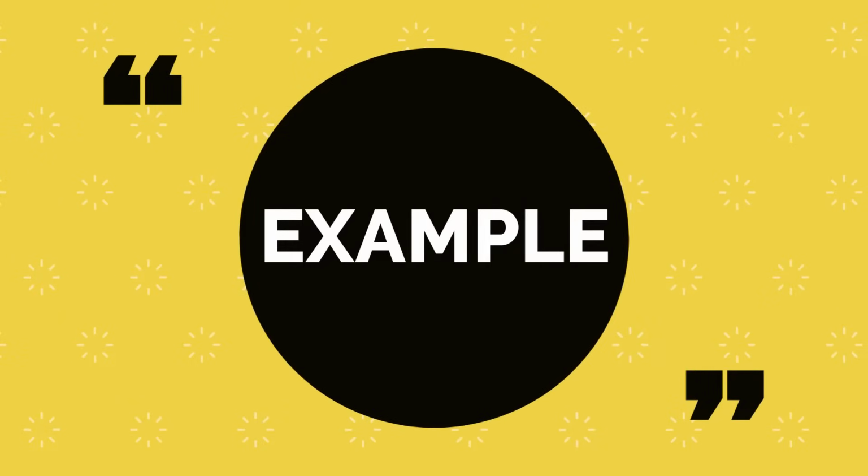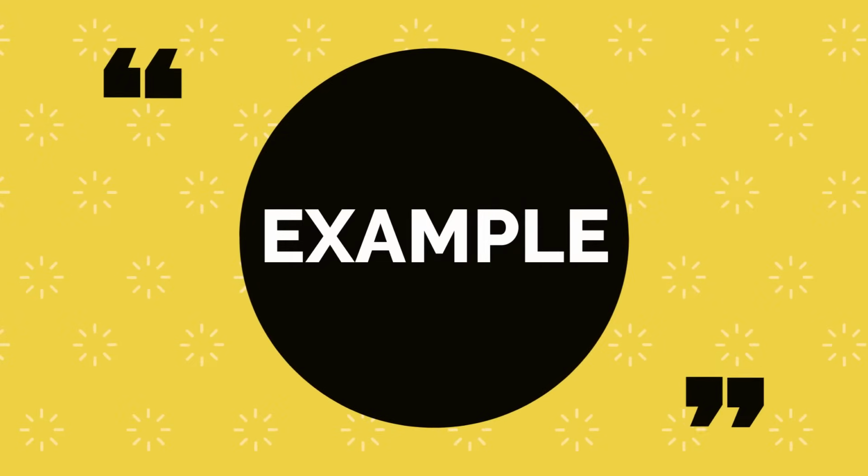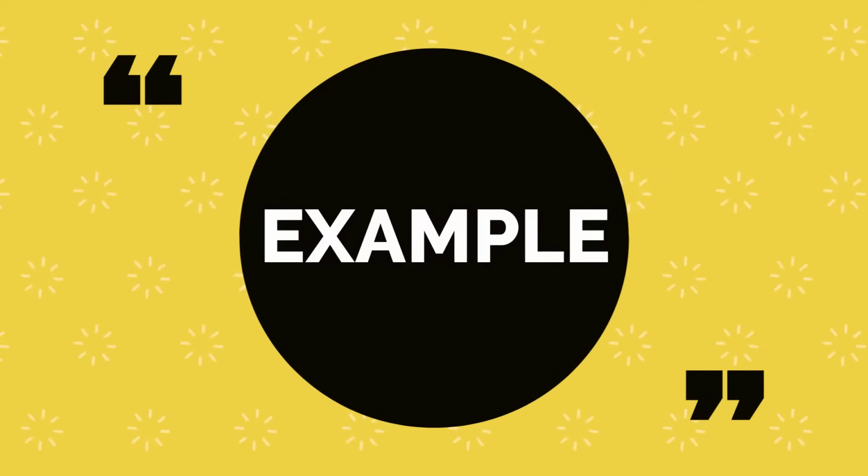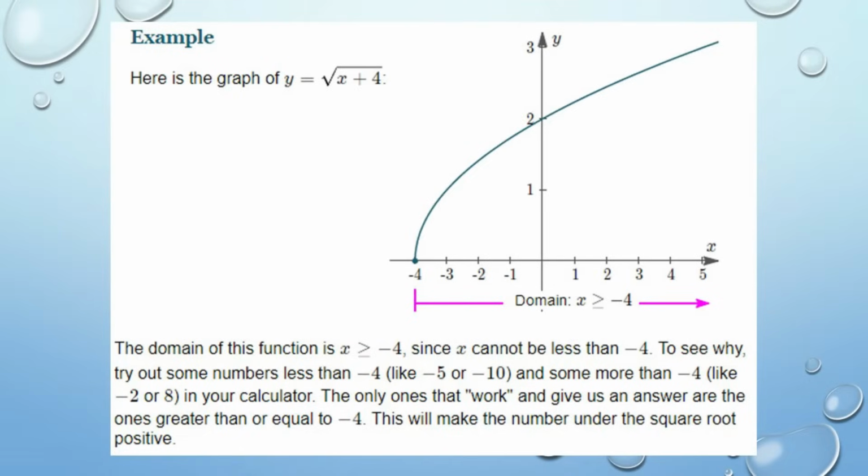Let's see another example. This time the graph is y equals the positive square root of x plus 4. You can see the shape of the graph. I think you can understand why we can't take any value which is less than minus 4.